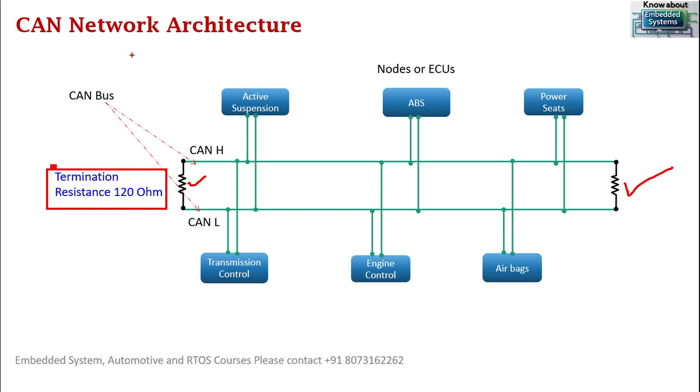So when you design a network like this, with ECU, CAN bus, and termination resistance, we are easily able to transmit and receive the data. This is a fundamental block diagram of our CAN network architecture.